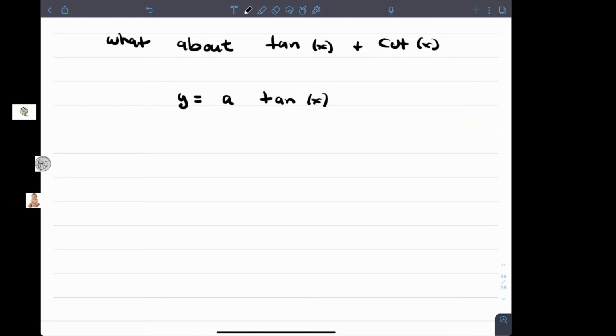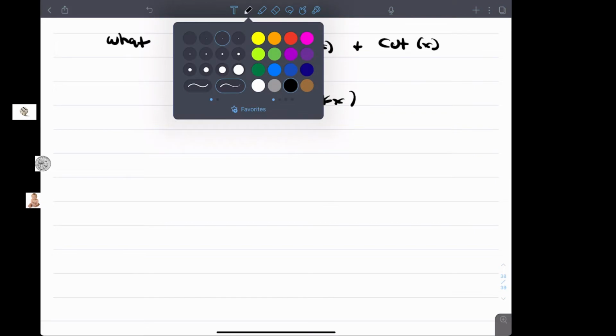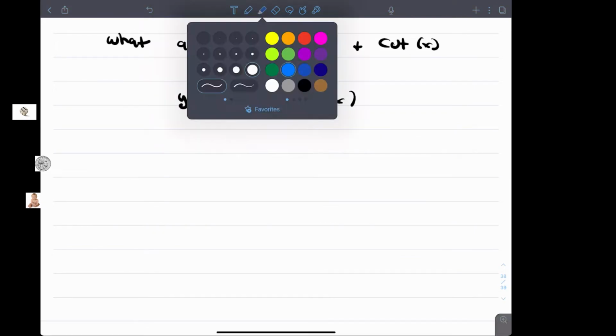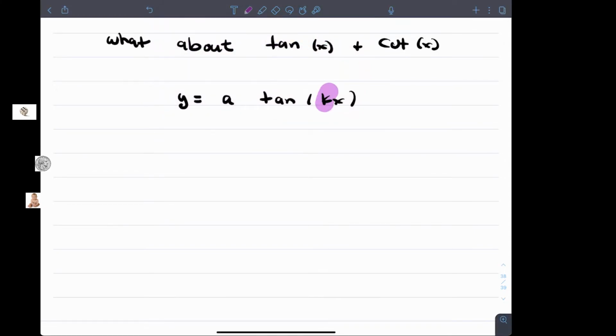Okay, and I forgot the k. Apologize. A, ladies and gentlemen, this is not a period. So I'm going to say here your k value we're going to use, but A is not really a period. That's only for sine and cosine, really.